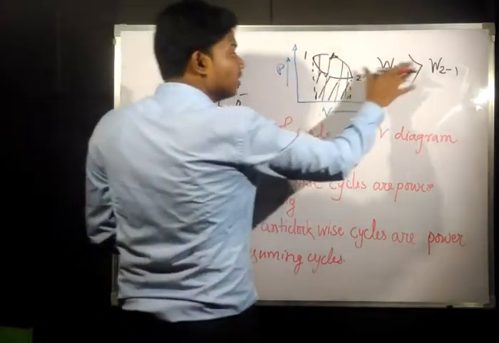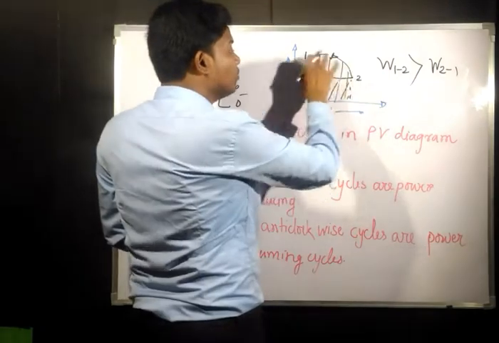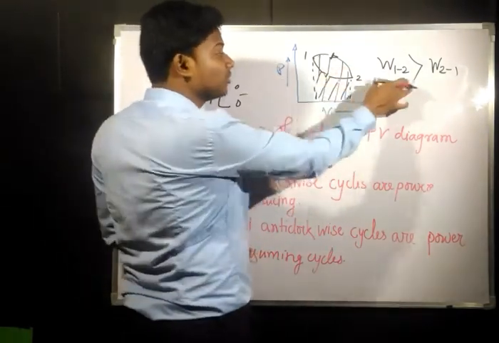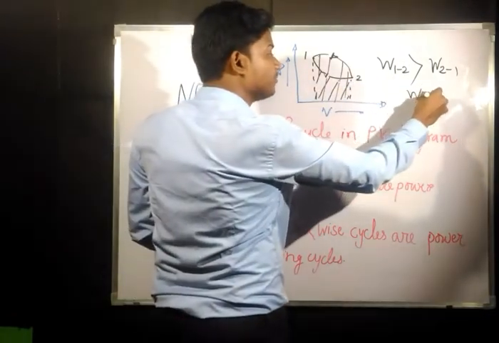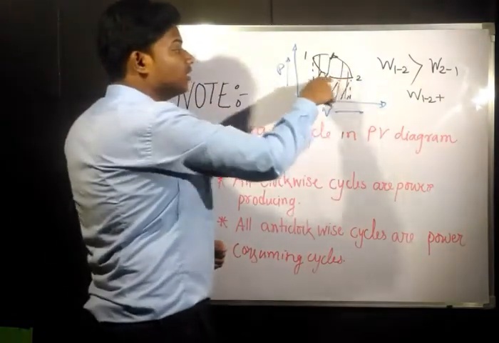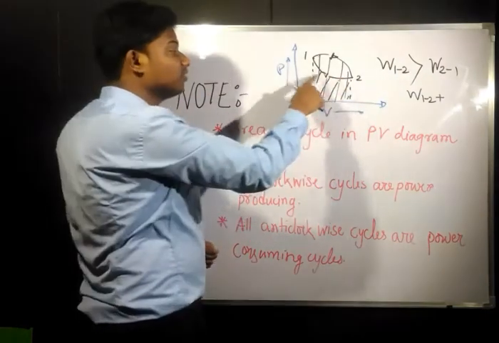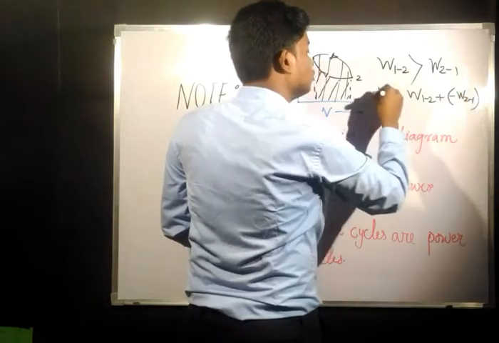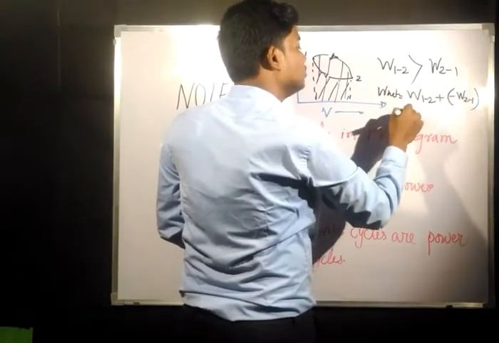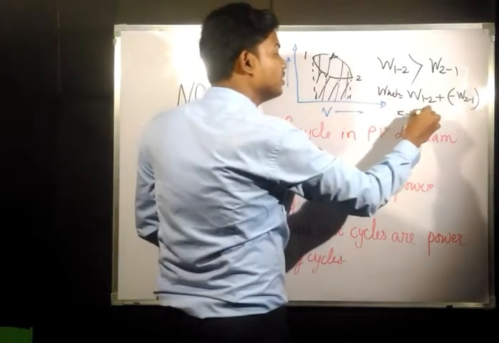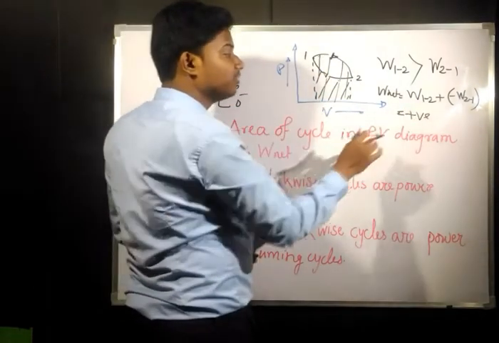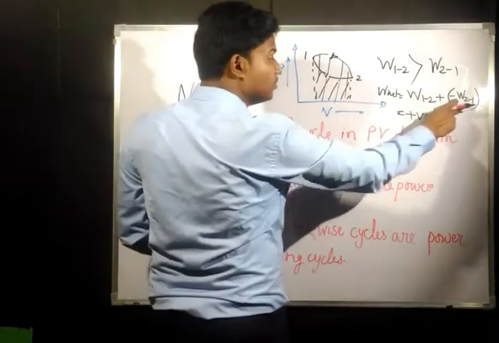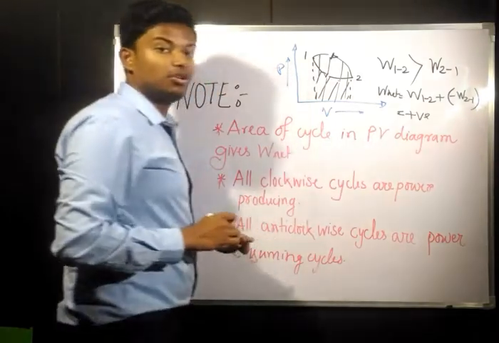W1 to 2 is positive because it is expansion work, and W2 to 1 is negative because it is compression work, so W net is W1 to 2 minus W2 to 1. So W net is going to be positive. While it is clockwise, it is giving us positive work because W1 to 2 is greater than W2 to 1, and W2 to 1 is negative, so the final answer would be positive.